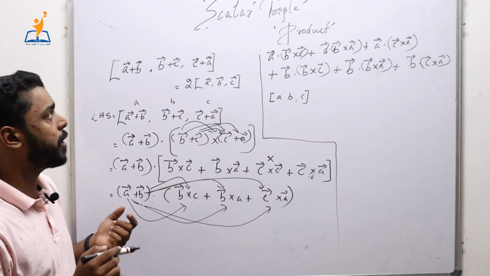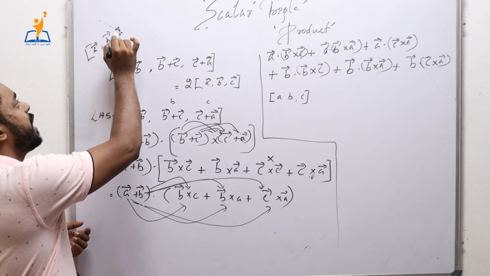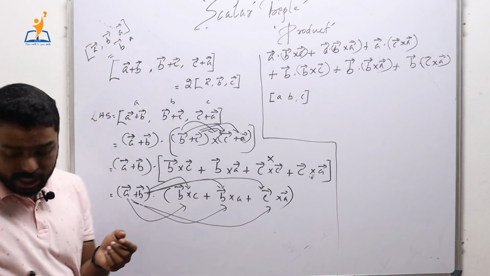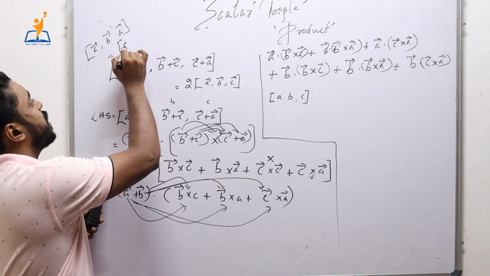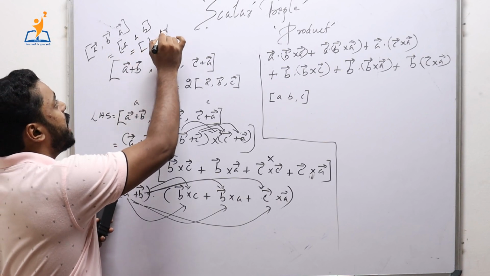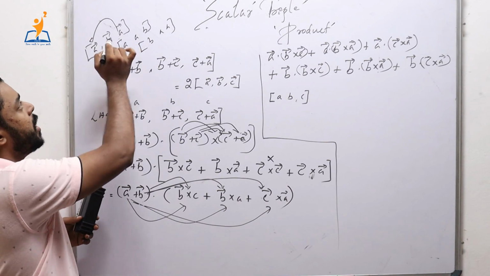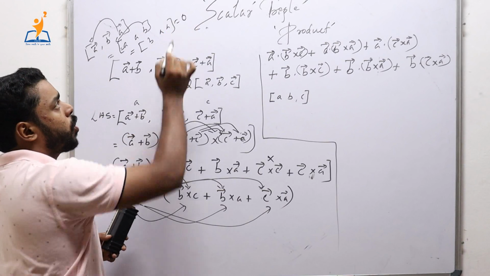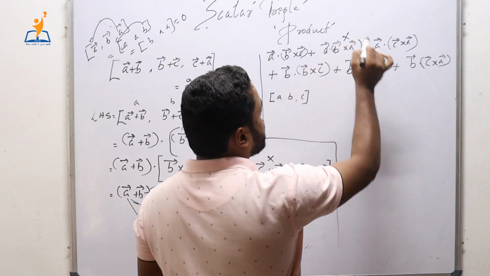We discussed the property that box ABA is equal to box BAA, it is equal to box AAB. We are using the cyclic transformation: BA is transformed here, then B is transformed to here to get BAA. It is equal to 0. Whenever we have such a situation, it must be equal to 0.